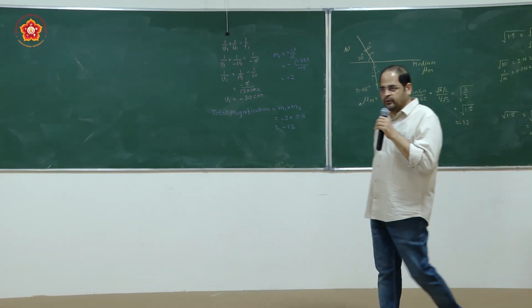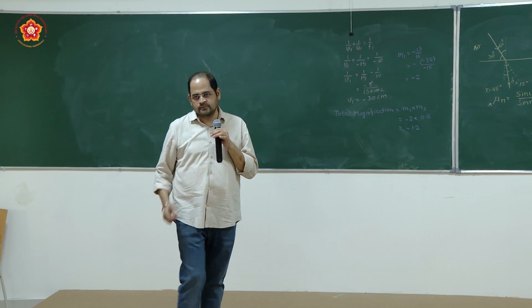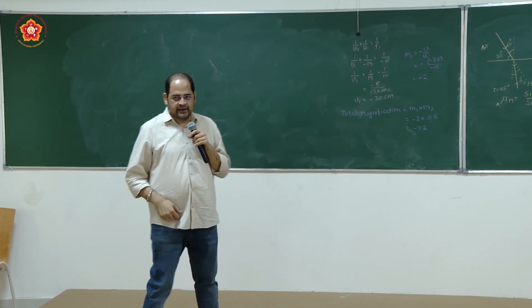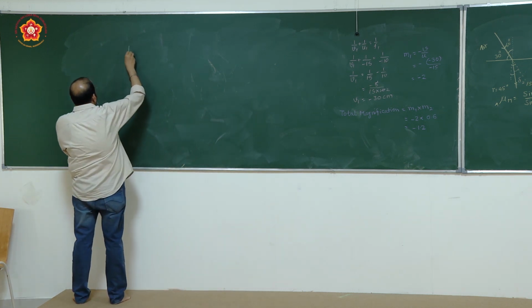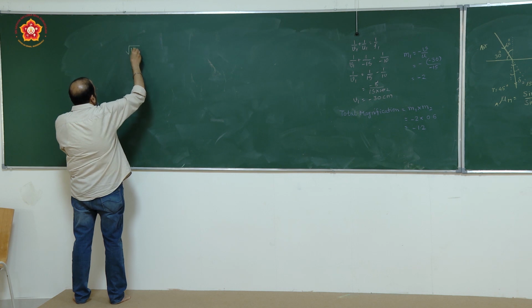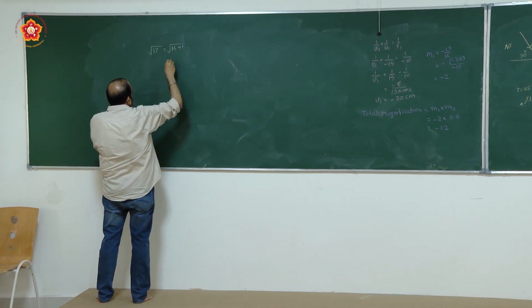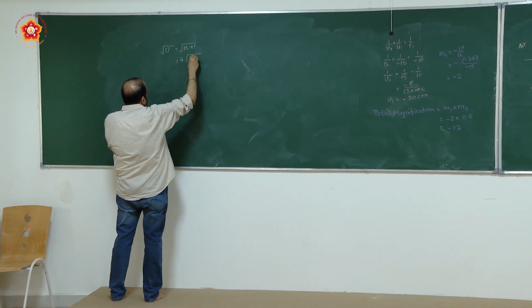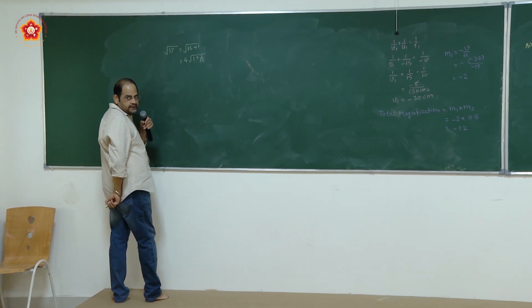So any number you want to suggest whose square root is to be calculated? 17. So if I want to calculate the square root of 17, I will write this as under root of 16 plus 1. I'll write this as 4 under root of 1 plus 1 by 16. Am I right?